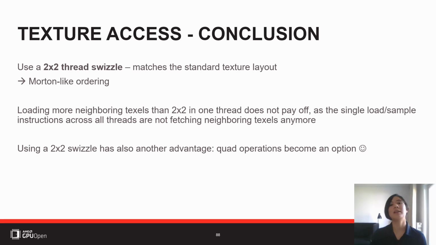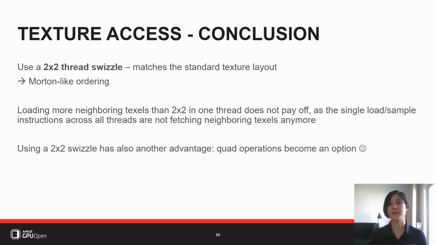But in general, recalculating your thread indices using a Morton-like ordering does lead to better performance. It uses the caches more efficiently because it makes use of how textures are laid out in memory, following the standard swizzle, which is a 2x2 quad swizzle.